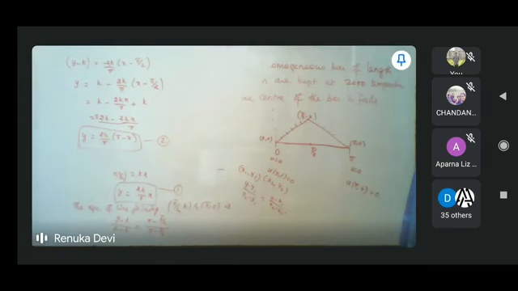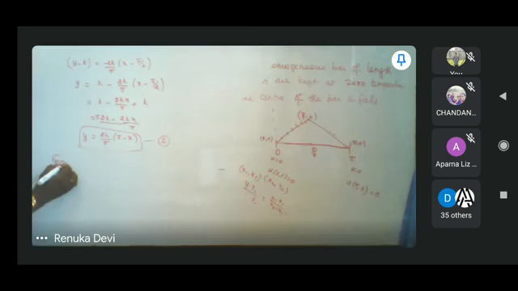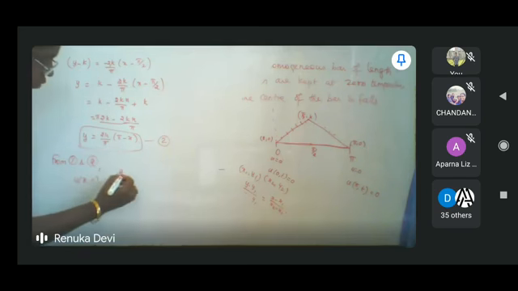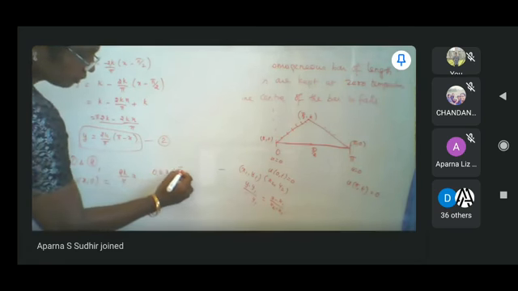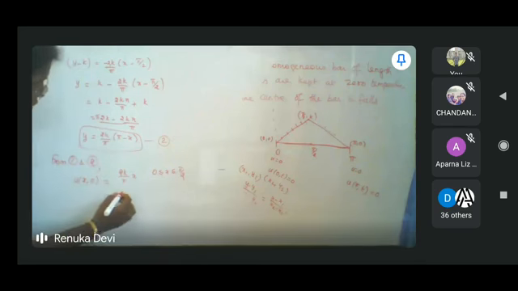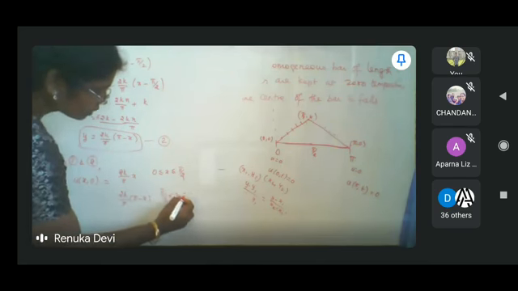Therefore, from 1 and 2, u of x comma 0 equals 2k by pi x, where 0 is less than or equal to x less than or equal to pi by 2, and 2k by pi into pi minus x if pi by 2 is less than or equal to x less than or equal to pi.